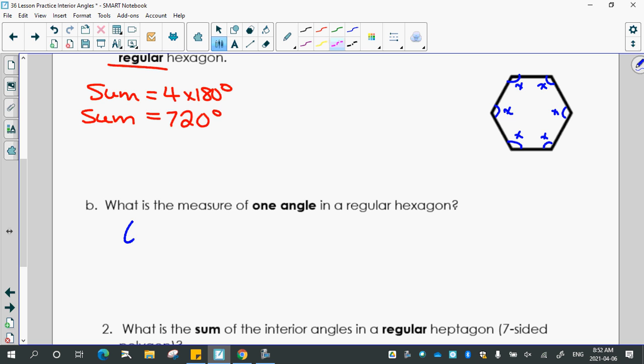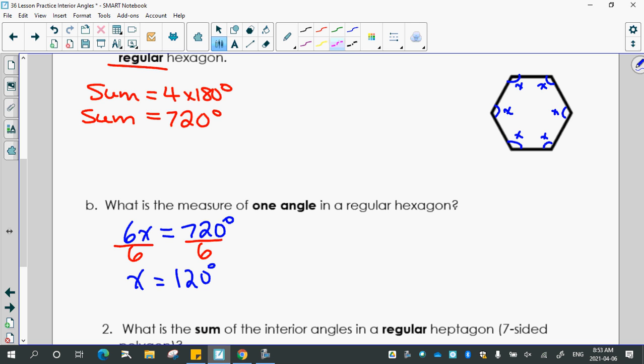So 6 X's is equal to 720 degrees. So 1X is equal to 720 divided by 6, which is what Asha said. Divide the sum by 6, and you get 120 degrees.